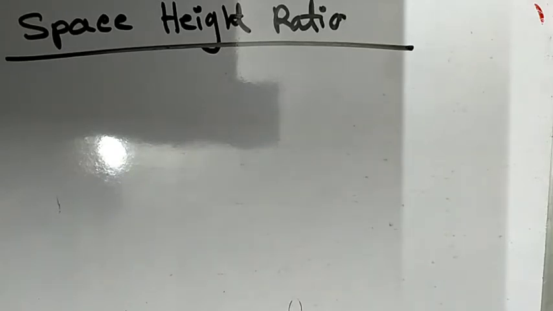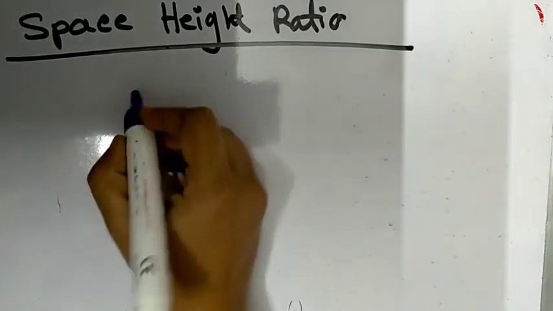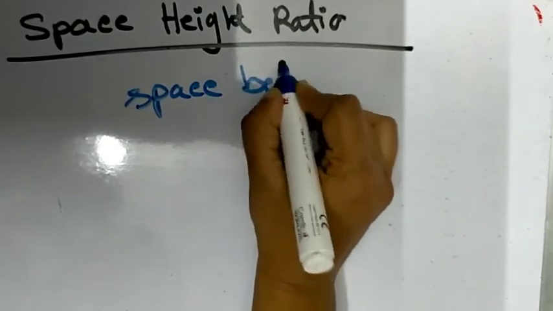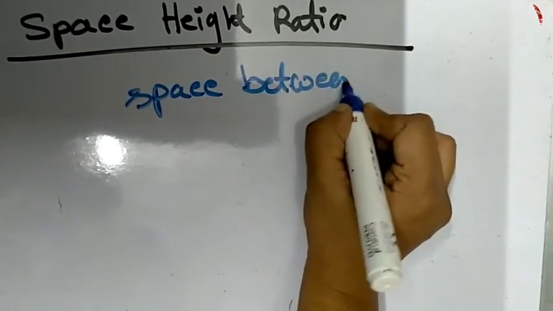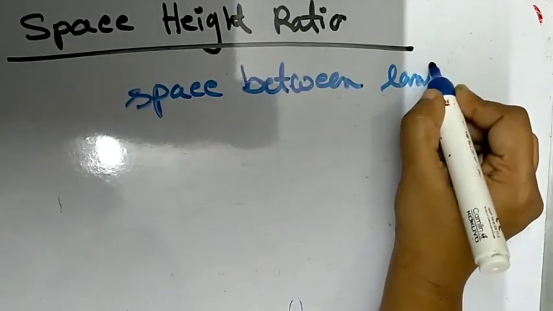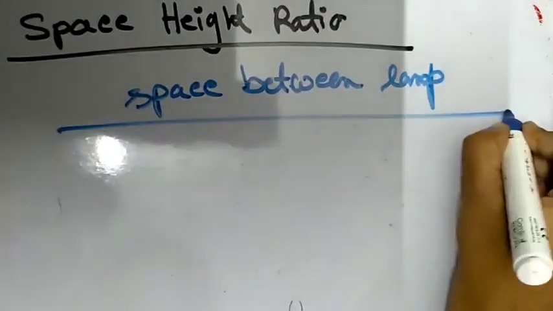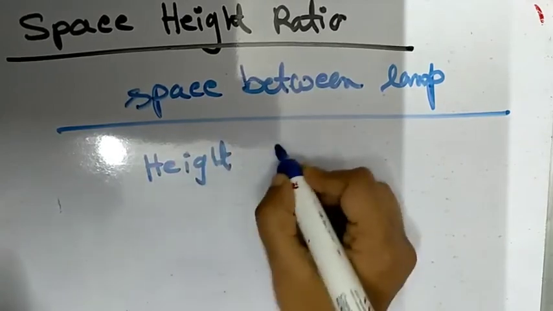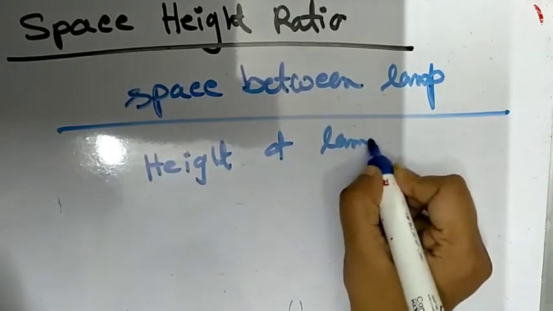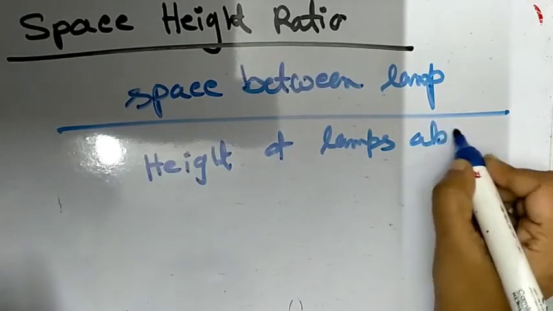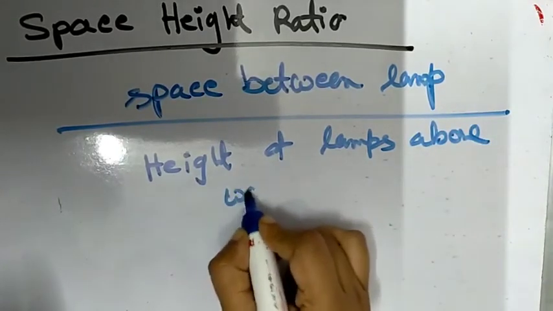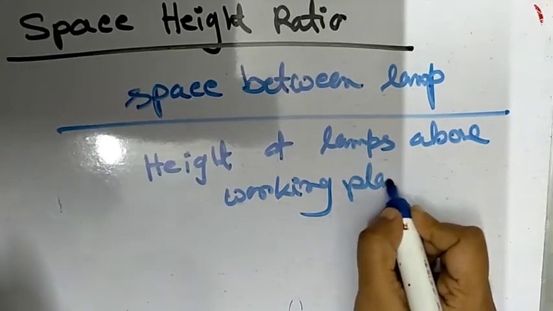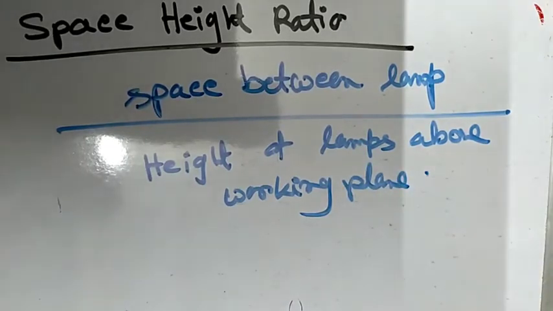So, space height ratio is equal to space between lamps by height of lamps above working plane.